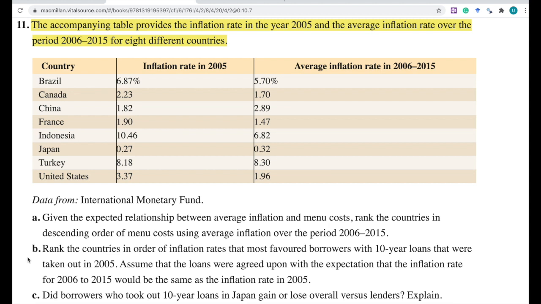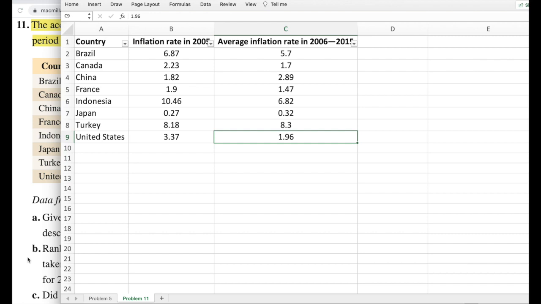So the higher the inflation rate, the higher the menu cost will be. So in order to figure out the countries that have the highest menu cost first, we have to put the highest inflation countries first. In order to do that, I created an Excel file.